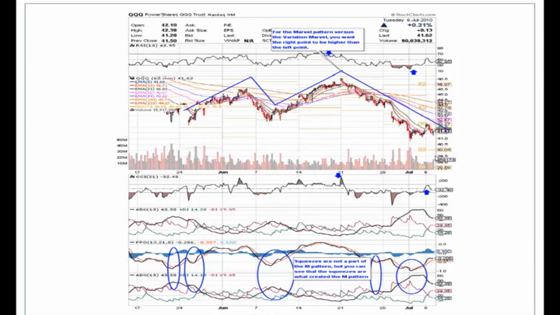It's not quite there, so it may drop further. It may drop down here to S1 before it actually is finished.